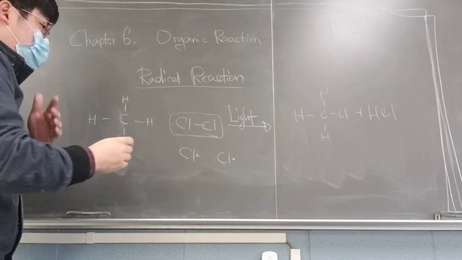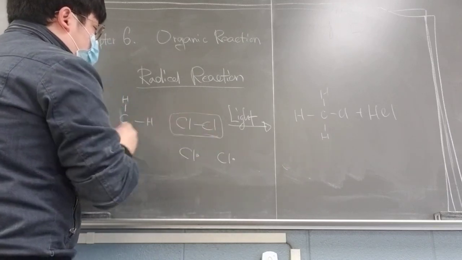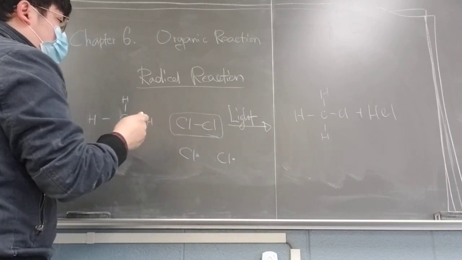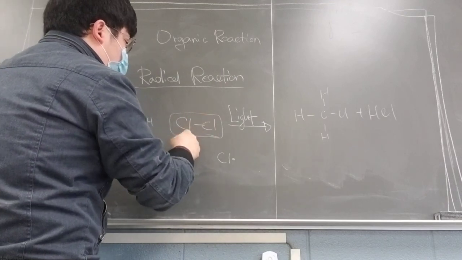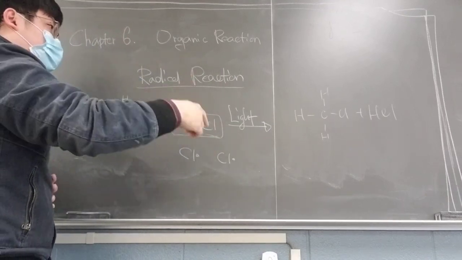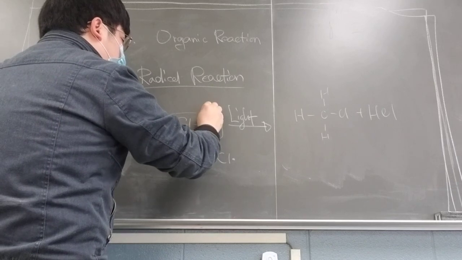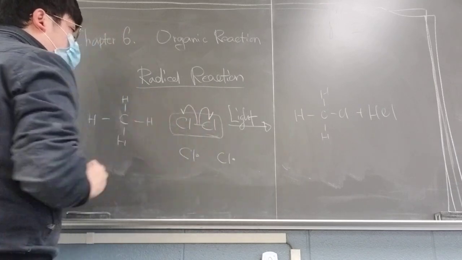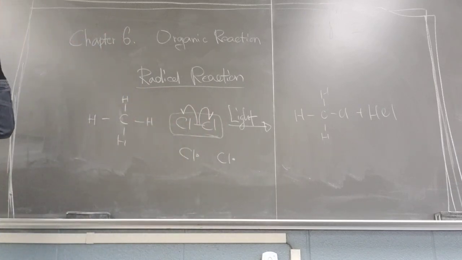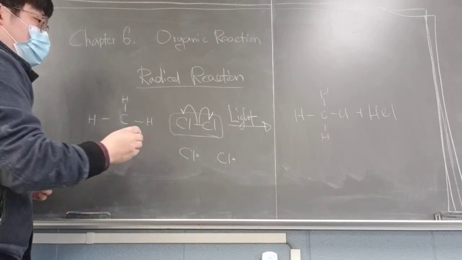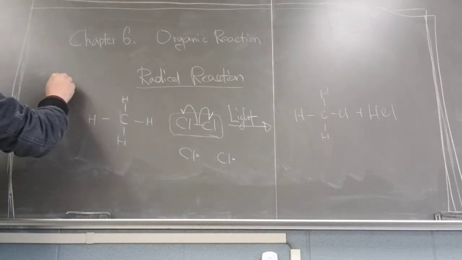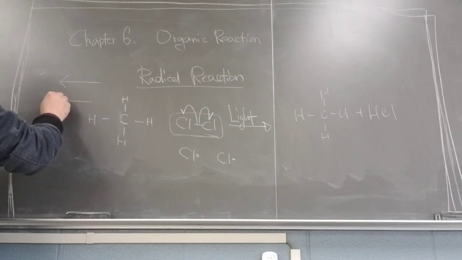Okay? And then whenever I do this, the one thing I want you to remember is whenever you break this one in half and half in radical reactions, I do a fish hook, or you can call this the half-headed arrow, meaning its arrow looks like this, right? But the half-headed or fish hook looks like this.